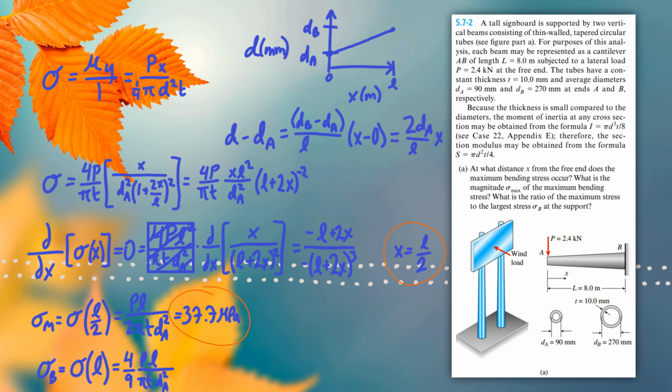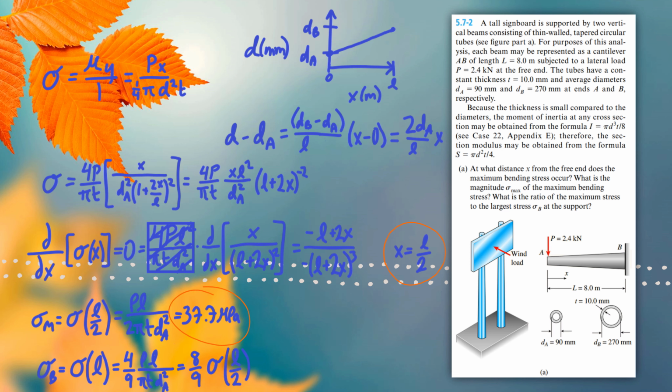Now if you look at our two equations here, we can numerically solve for it. Just plug in everything, and then divide sigma sub m by sigma sub b, or I can just look at this and say, those look pretty similar. We have pi t dA squared on the bottom and PL on the top. The only difference is this 2 and the 4/9.